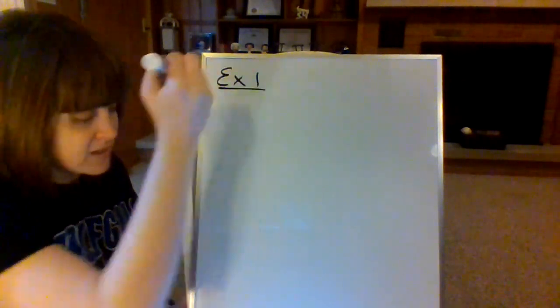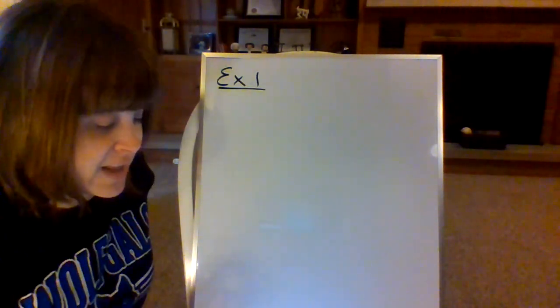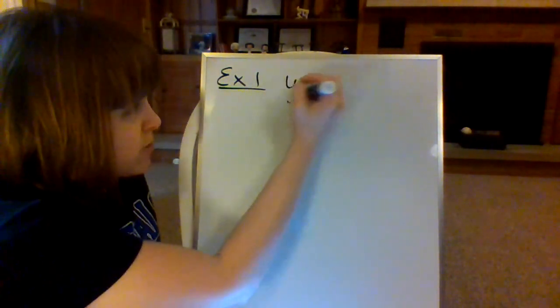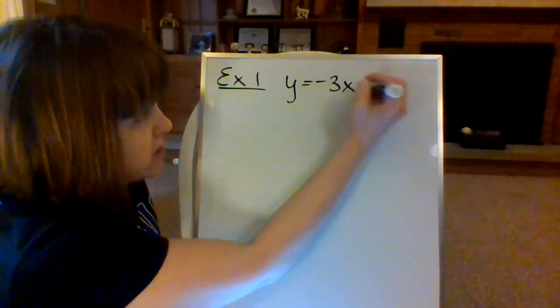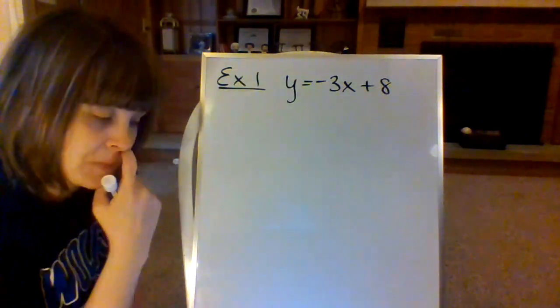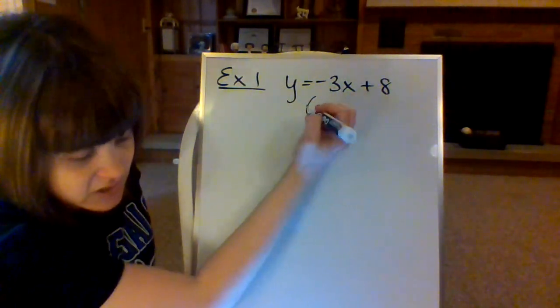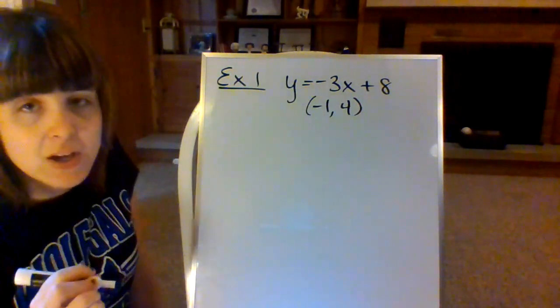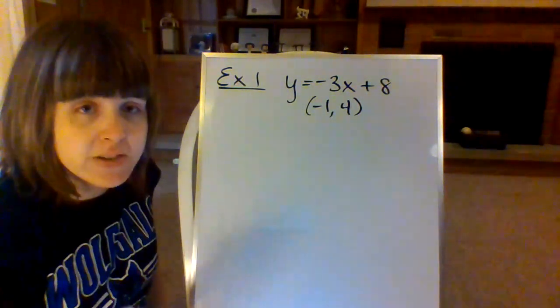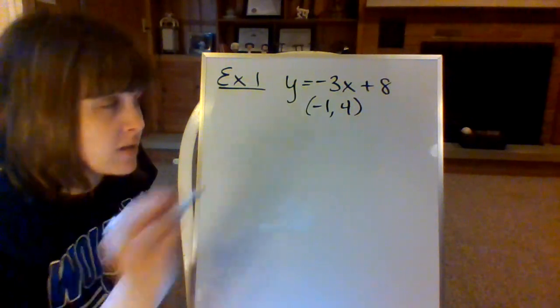Example 1 says, find the equation of the line that is parallel to y equals -3x plus 8 and passes through the point -1, 4. First thing I'm going to do is write down y equals mx plus b.